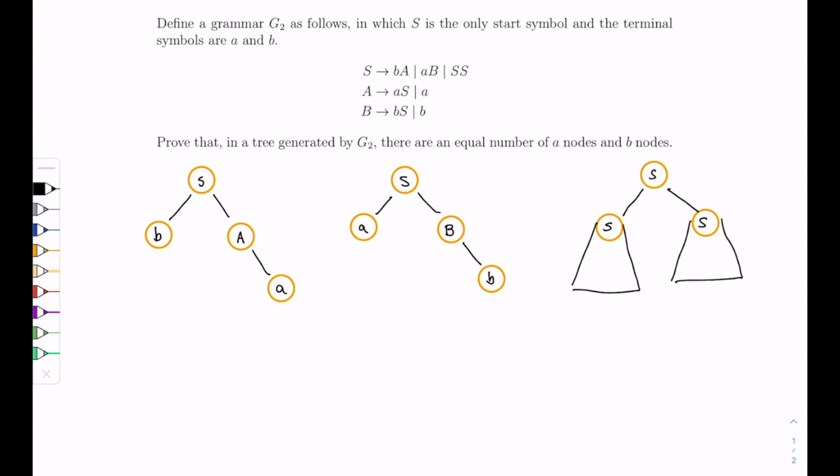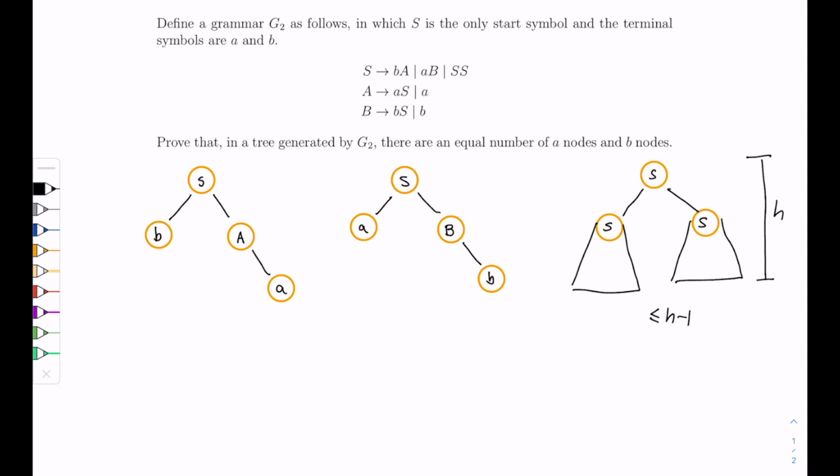They could be different heights. These children's subtrees could be different heights. But what we know is if we were to claim that this overall tree has height h, then one of these trees down here must have height h minus 1. One of them must. But what we know for sure is that both of them have height at most h minus 1.